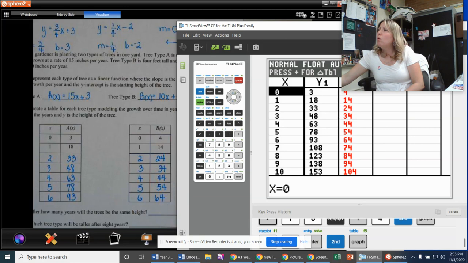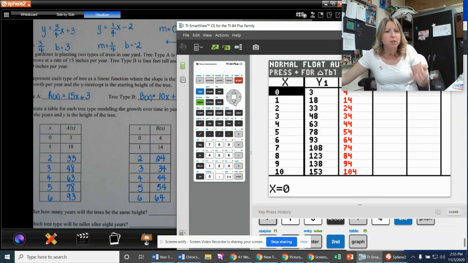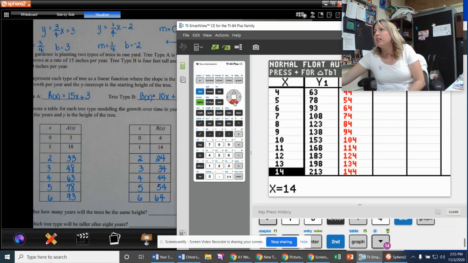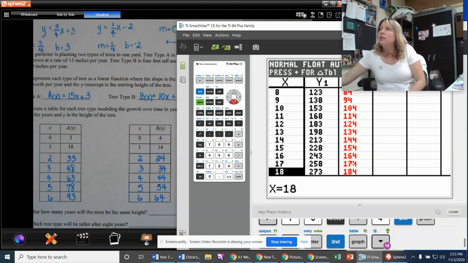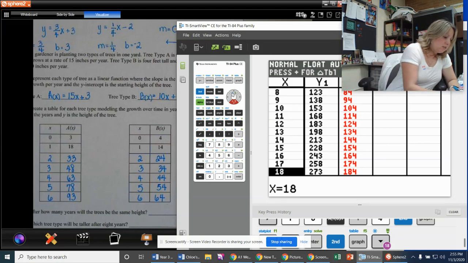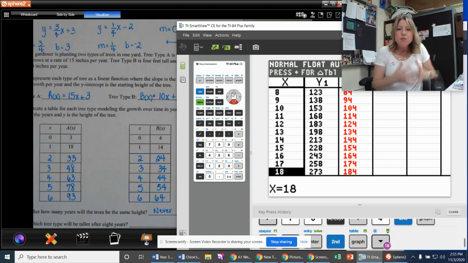Now, one of the questions was, at what year will the trees be the same height? And I'm just curious, is that going to happen? Are the trees ever going to get to the same height? Is the slope of the increase of the second tree ever going to make it? Never. They're never going to end up being that same height.